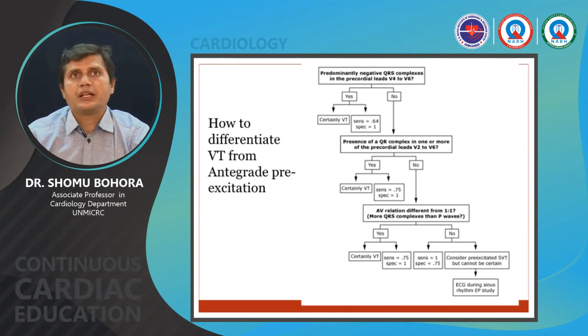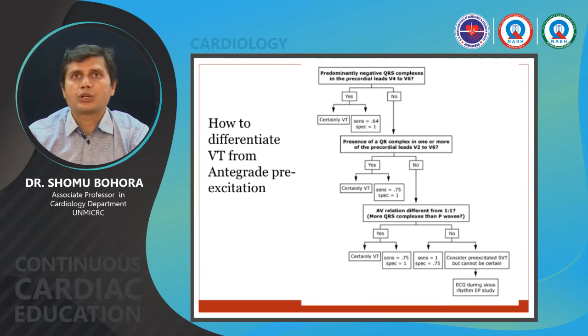How do we differentiate VT from antegrade pre-excitation? We can see if you have a concordant pattern. If you have a negative concordant pattern, it is certainly a ventricular tachycardia. If you have a positive concordant pattern but you have a QR complex, it is likely to be a ventricular tachycardia.